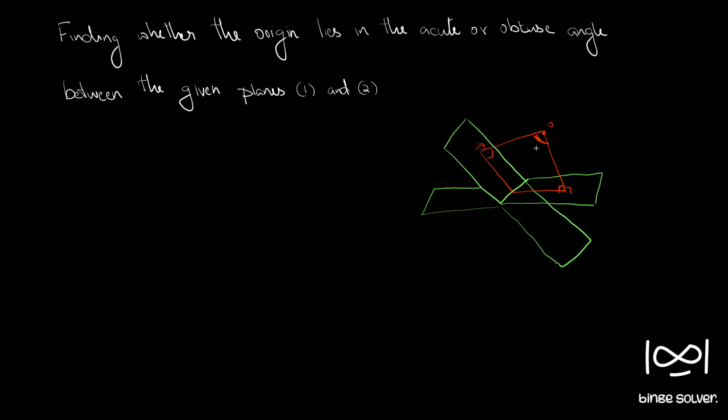Say this angle is alpha and this angle is theta. Now how can we find alpha? When we draw a perpendicular from the origin to the planes, we know the direction ratios of the normals, and we can find this alpha.